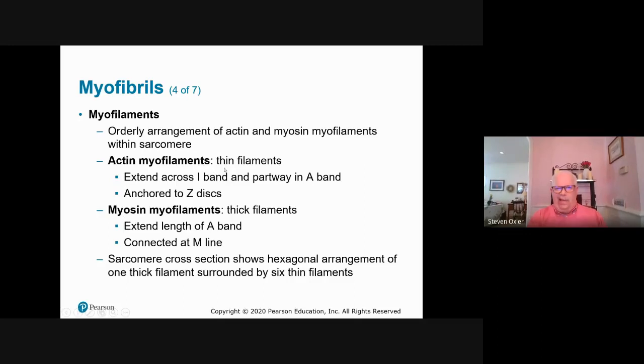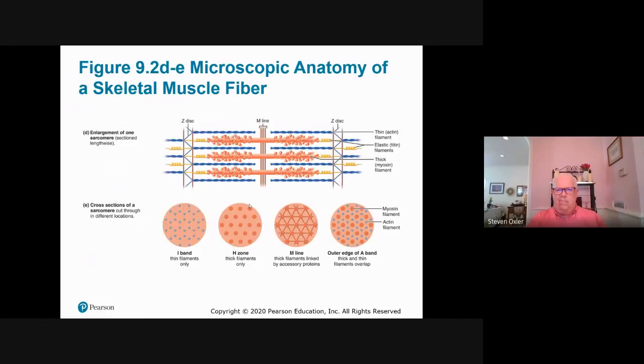Actin is the thin filament, and myosin is the thick filament. Here is the thin filament, known as actin. Here is the thick filament, known as myosin.